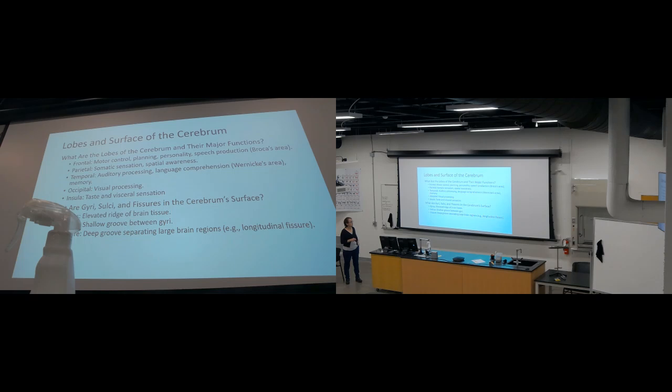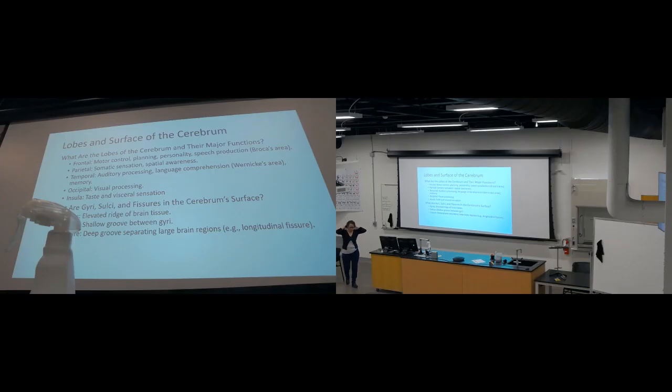And then the temporal lobe, which is just below the parietal and anterior to the occipital, has centers for processing sound, so we have auditory centers there. We have centers that help us understand language in a specific region called Wernicke's area. And then we have centers for memory.